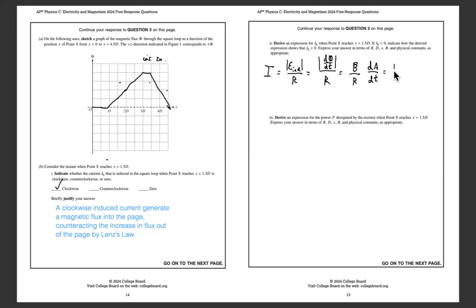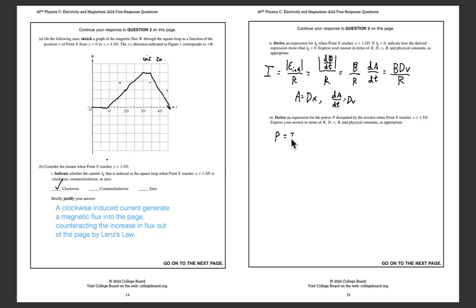So you're going to get B d v over R then. Because A is equal to d times x, and then dA/dt is going to equal d times v, because it's dx/dt.